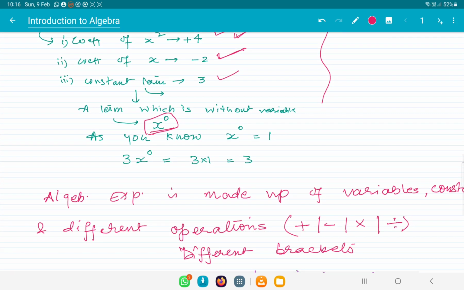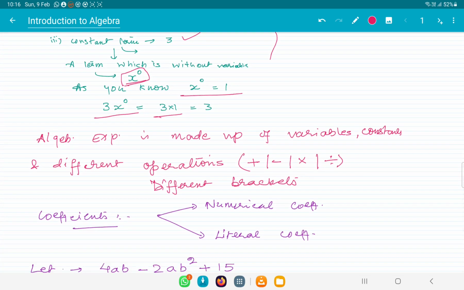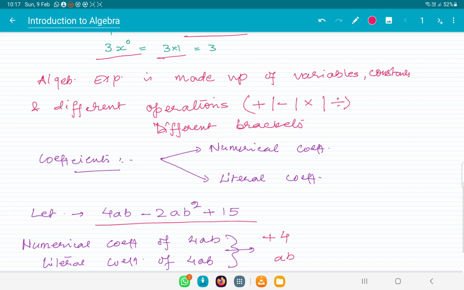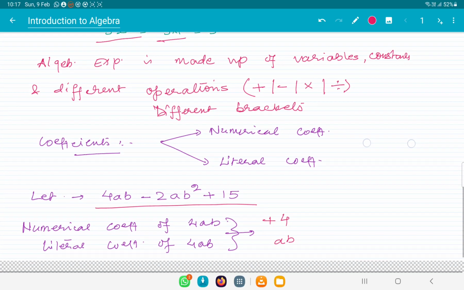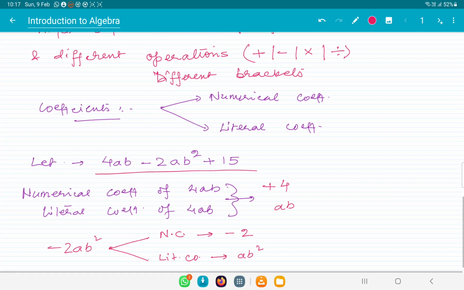As you know, anything raised to the power 0 is 1. So here we can say 3 multiplied by x raised to the power 0, so it will be 3 into 1 is 3. Up to here we have seen that an algebraic expression is made up of variables, constants and different operations. These operations can come in the form of addition, subtraction, multiplication and division along with different brackets.